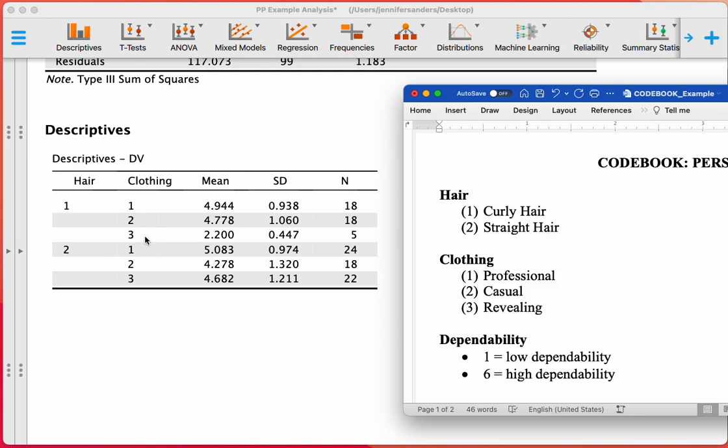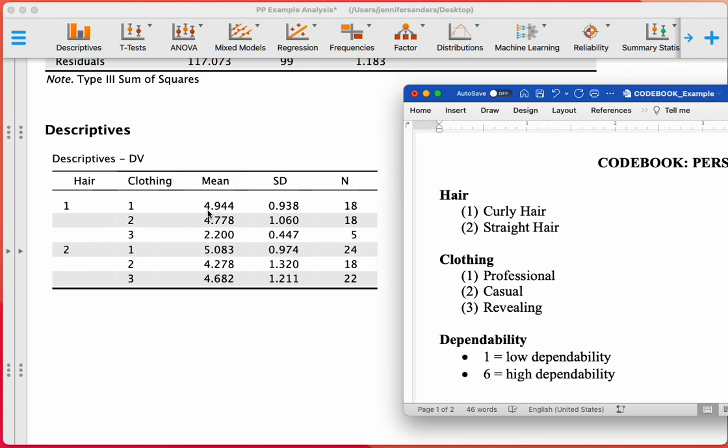So these means attached to it are the mean for that vignette. So remember I had 6 vignettes. Three vignettes all had curly hair, three vignettes had straight hair, and they're attached here to which clothing the tutor was wearing.